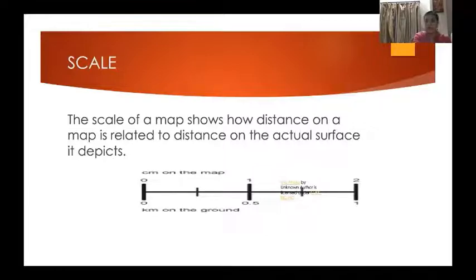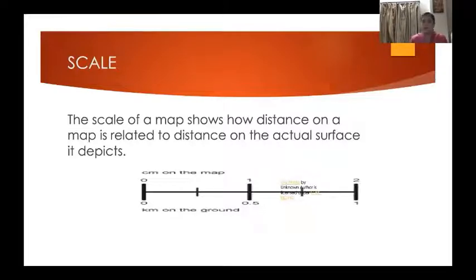Well, children, a map is always smaller than the area it shows. Obviously, the scale of a map indicates how much smaller it is from the actual area. The scale of a map can usually be seen in the corner of the map.